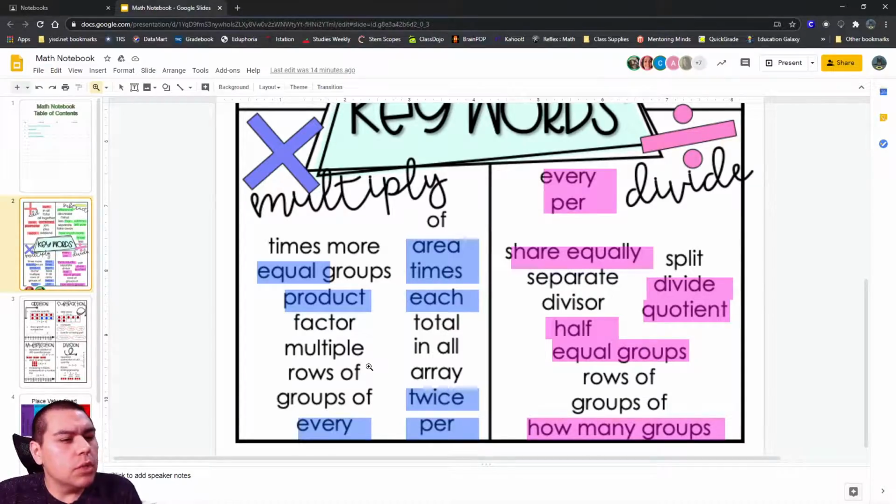All right. Multiplication. Who thinks they can give me a story that will have to use multiplication? Bella, tell me a multiplication story. Okay.